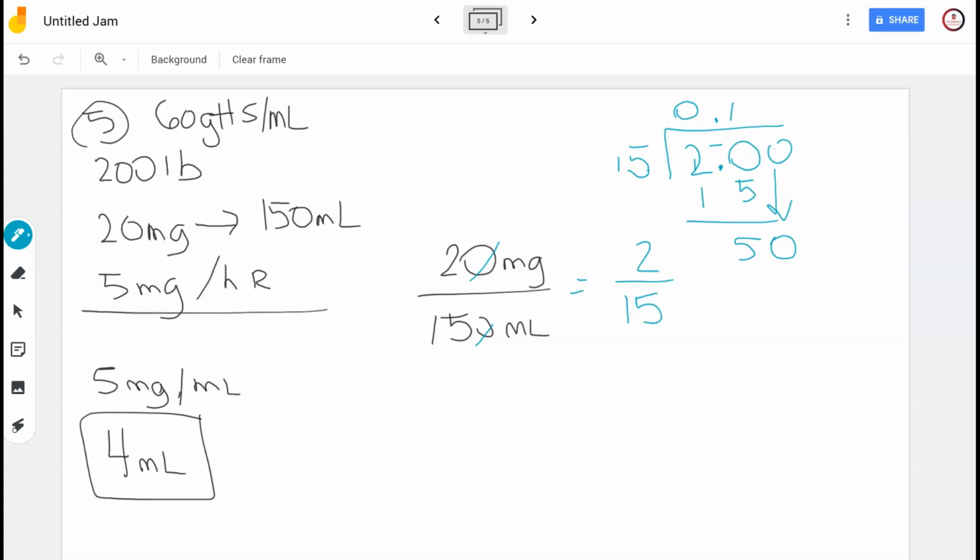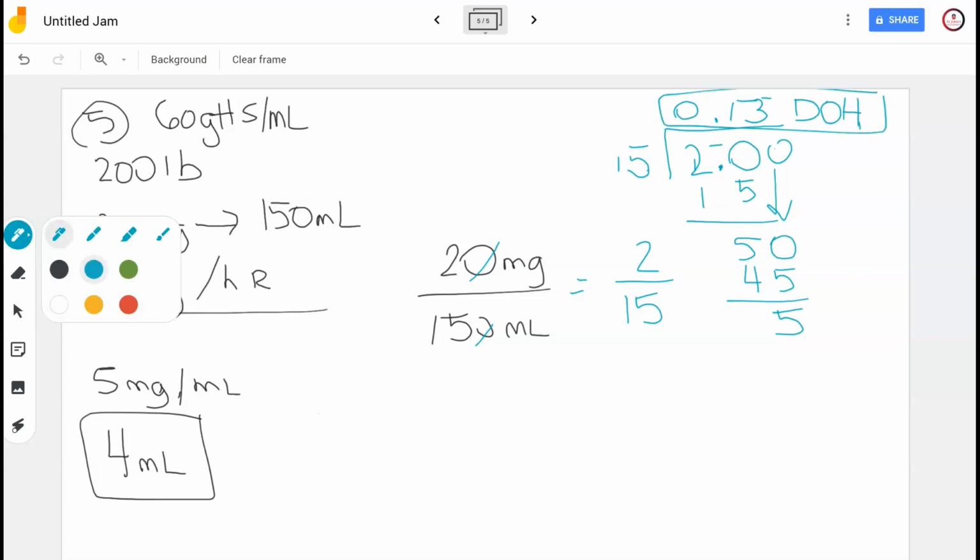And another is 45, so that's 3. And this is a repeating decimal because the number keeps ending up the same, so you have a concentration of 0.13 milligrams per milliliter. This becomes your dose on hand.